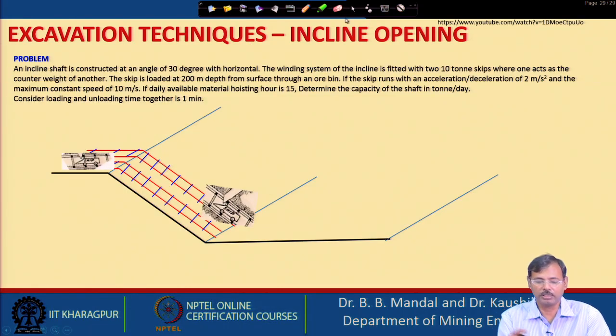So, we are having an incline where these two tracks are provided, and these two tracks are alternatively having two skips. So, one skip when at the top in one track, another skip is at the bottom of another track. So, both are moving simultaneously.